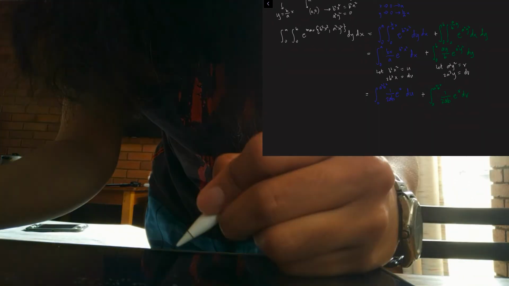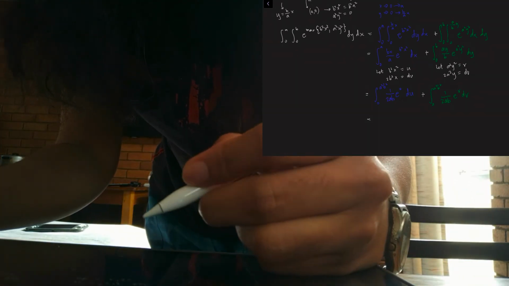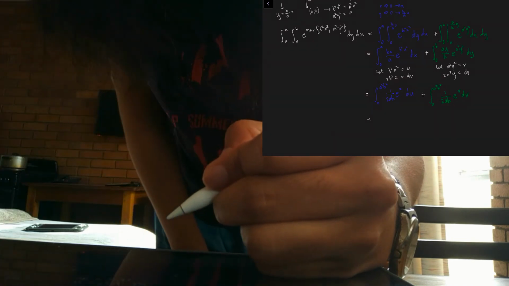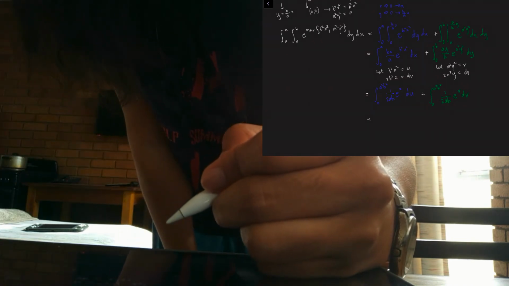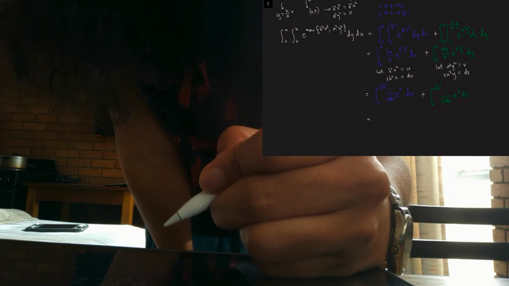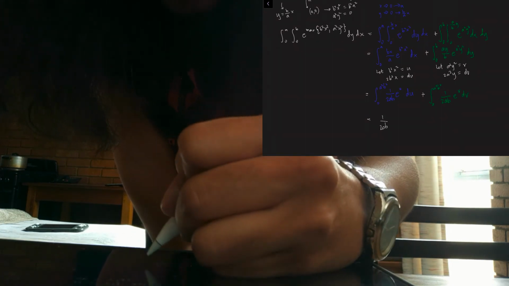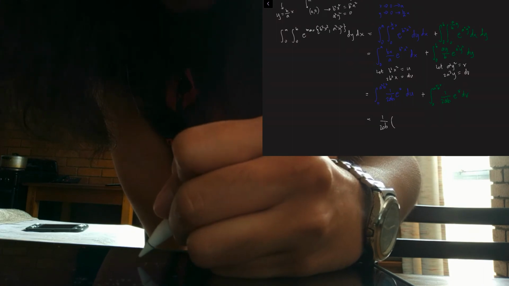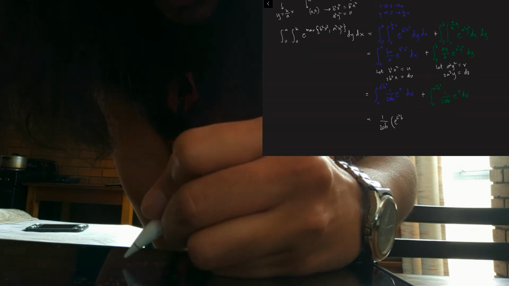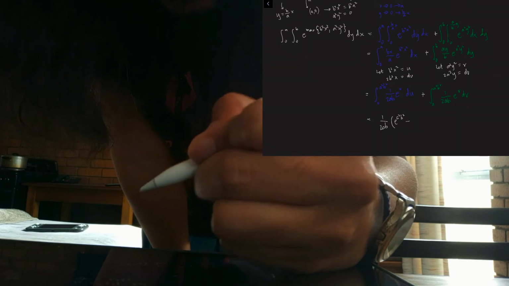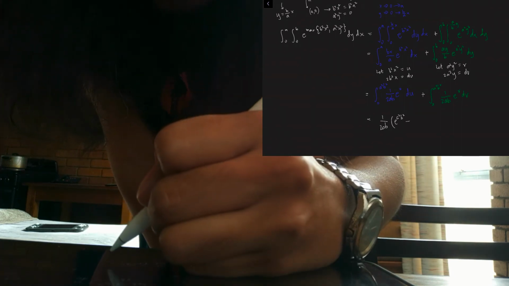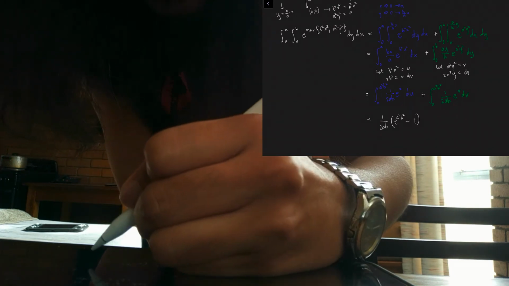We should be almost done with the integration as well, because here the first term will give you just e to the u, the integral of e to the u. The only variable is the exponential. So that gives you 1 over 2ab times e to the u evaluated from a squared b squared, minus e to the 0, that's just 1, plus 1 over 2ab.